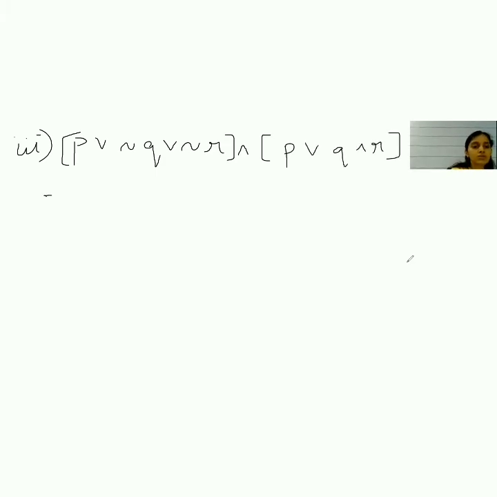Okay. So now let us simplify this. We can write this using De Morgan's law as P or negation of (Q and R). If you remember, negation of ANDing, negation (Q and R), will be negation Q or negation R, and that is why I've written it in De Morgan's law in the reverse order.